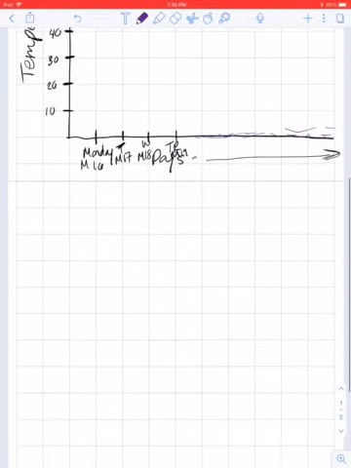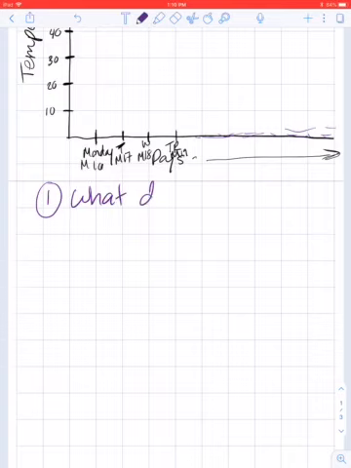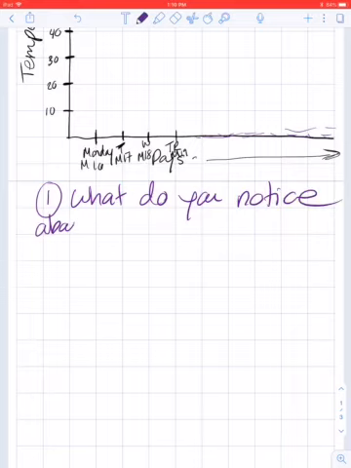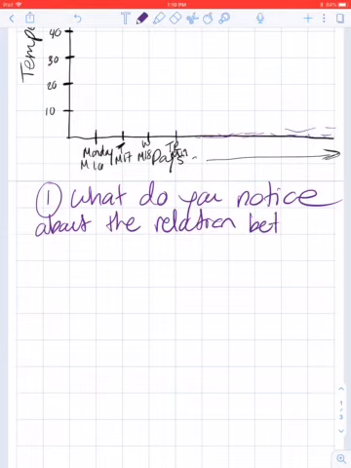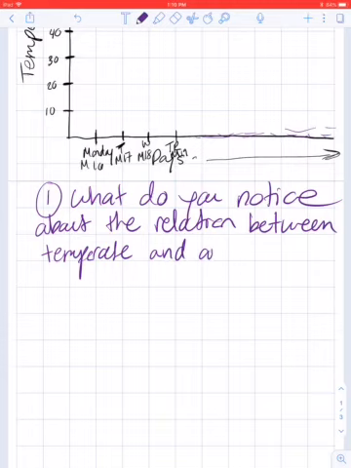Then you're going to come down here and tell me something. What do you notice about the relation between temperature and air pressure?